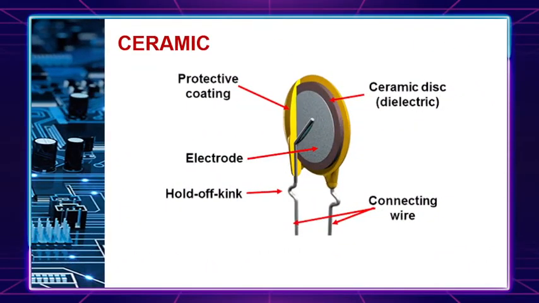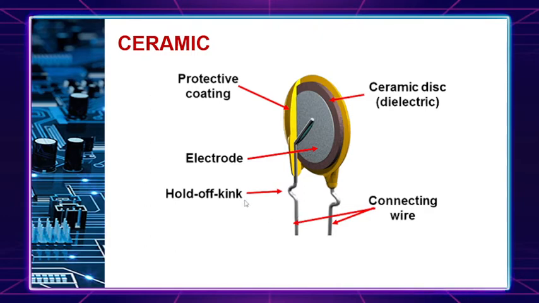So what is inside a ceramic capacitor? This component has a protective coating, which for resistors we call the insulating jacket or casing. And inside is the electrode. The dielectric for this component is no other than the ceramic disc.